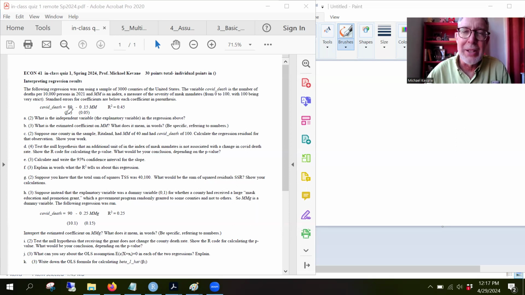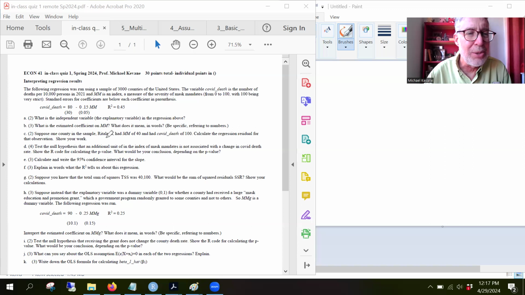To get to 1,500 fewer deaths, you'd be talking about a population of 10 million people for the mask mandate increasing to have that big of an effect. So remember that COVID deaths is deaths per 10,000. It doesn't mean you multiply the coefficient by 10,000 to get the number of deaths. Be careful, as we'll see in class, interpreting coefficients is important. So it is 0.15 fewer units of the outcome variable, which is deaths per 10,000 people.